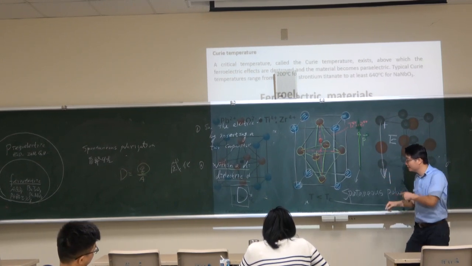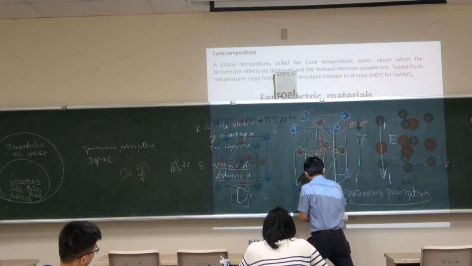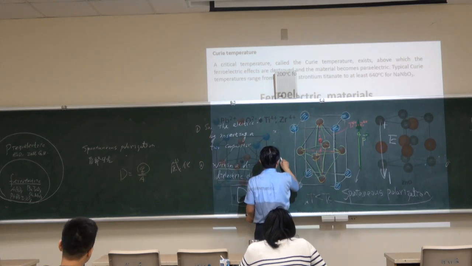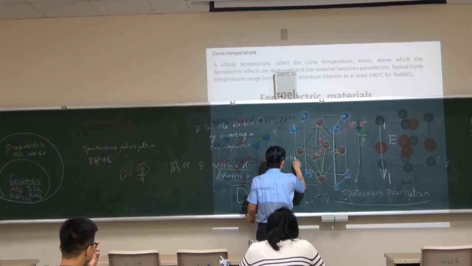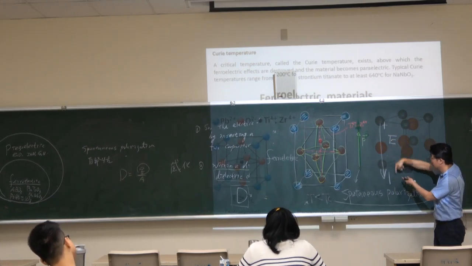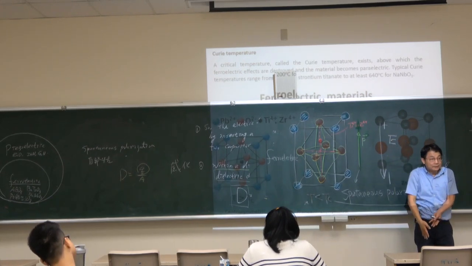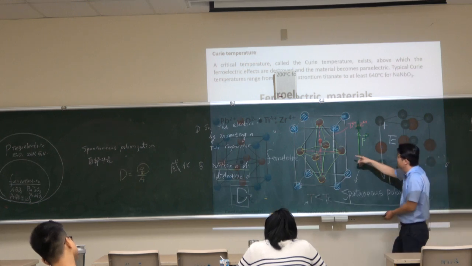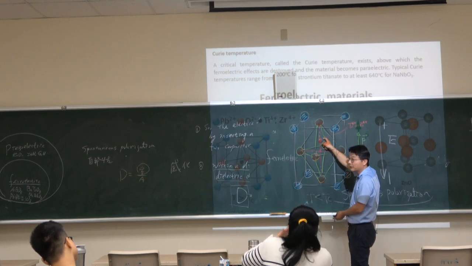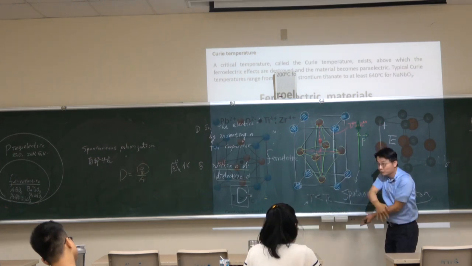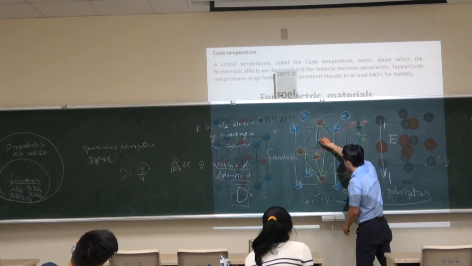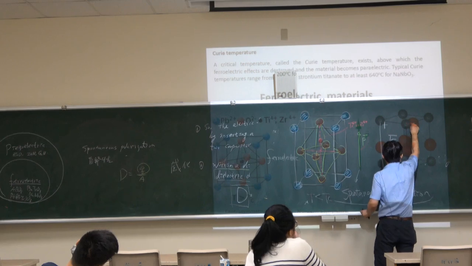But this is a ferroelectric material, T below Tc, ferroelectric. So if you apply an electrical field opposite to the polarization, you could see the titanium positive ion or zirconium positive ion will be switched. This dipole will be switched to the opposite direction.